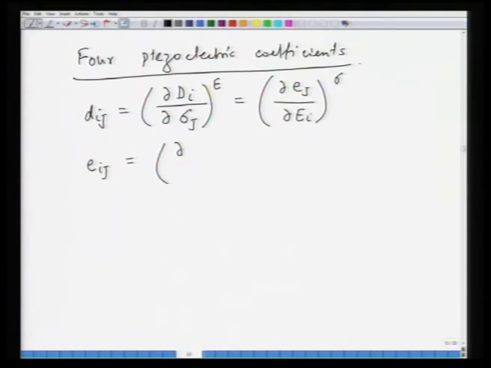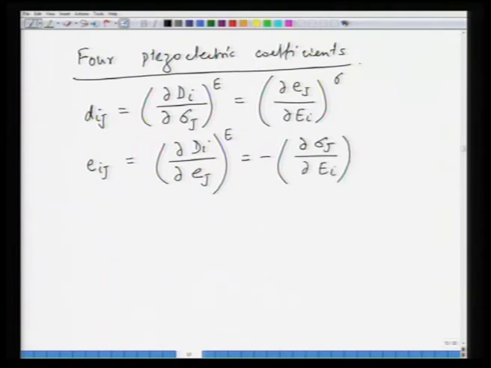This could be del of d_i to del of epsilon_j, or instead of epsilon_i I should write epsilon_j, at constant field, and this is also equal to del of sigma_j to del of E_i at constant strain, which is e.